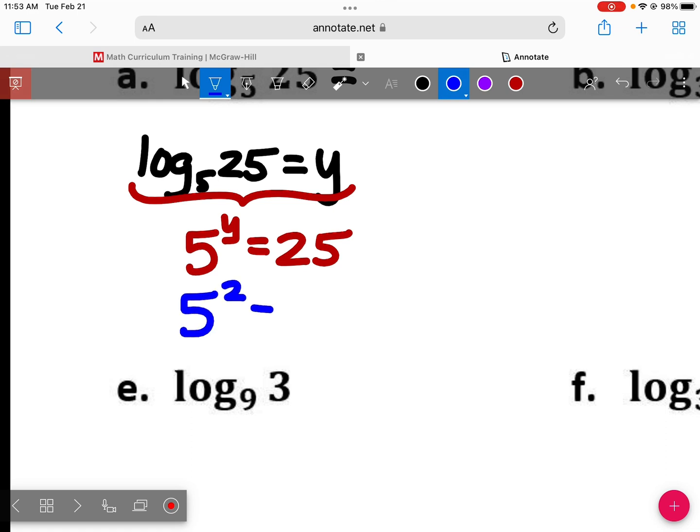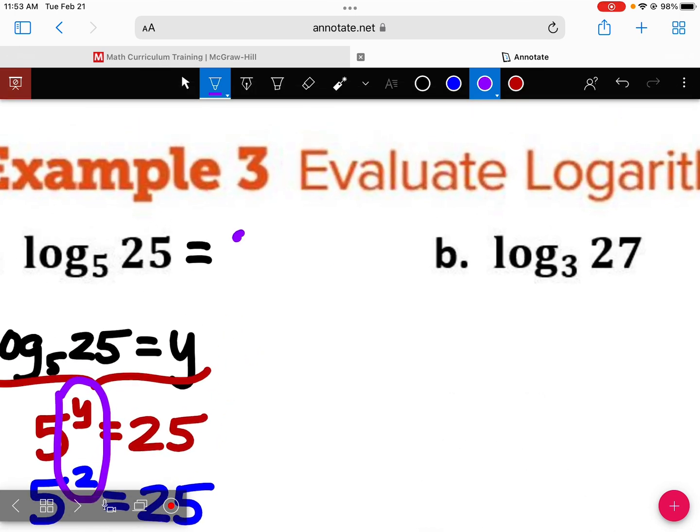Squared. So that unknown thing that we were looking for would have to be a 2. Remember, logarithms isolate my exponent. So another way I could look at this is 5 to the power of I don't know equals 25.